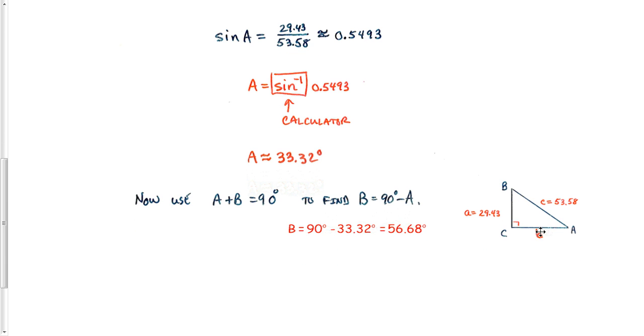Now, to do that, here's what we don't want to do. Angle A and angle B, we have information about, but they're both approximated, if you will. Since A was approximated, B is approximated.